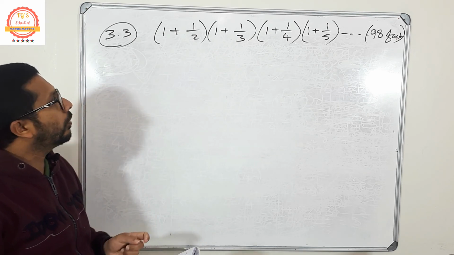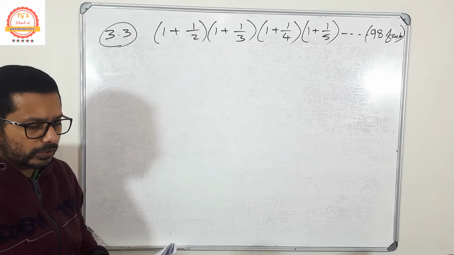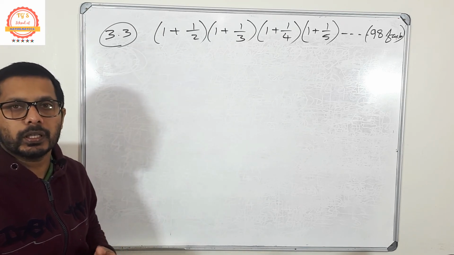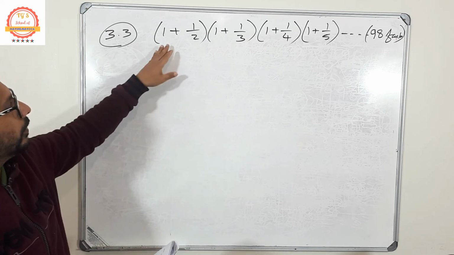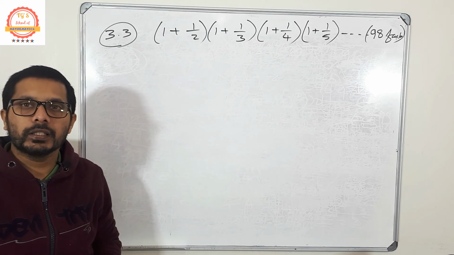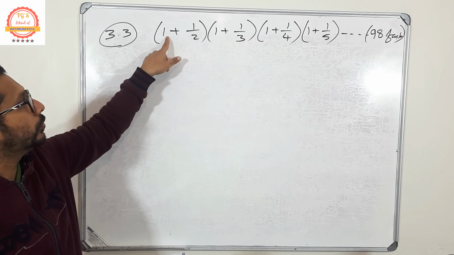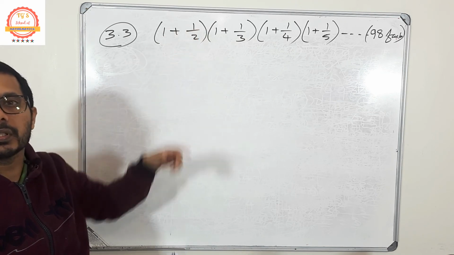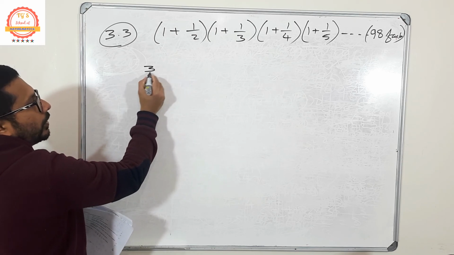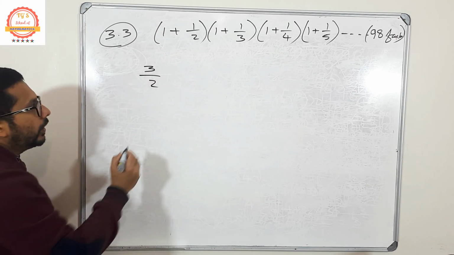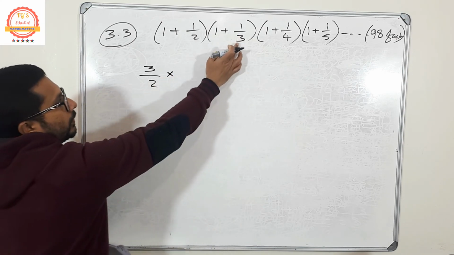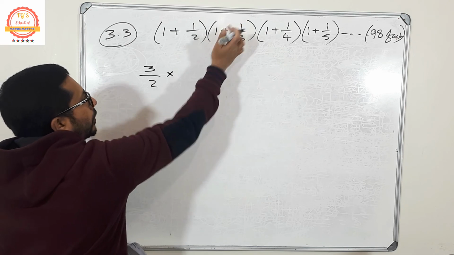Okay, so how can you find this one? It's very simple. When you see this one, maybe you will think it's something big, but it's very simple. 1 and 1 by 2, how can you write that as a fraction? 2 into 1, 2 plus 1, 3. So it is 3 over 2. Then times 1 into 1 by 3: 3 into 1, 3, 3 plus 1 is 4.